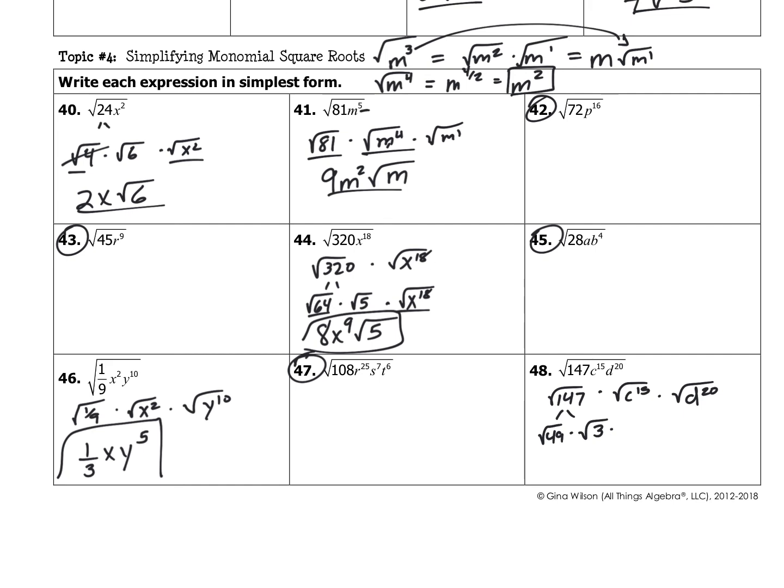And c to the 15th can be broken up into c to the 14th times c to the 1st. And then that's all times the square root of d to the 20th. 49, c to the 14th, and d to the 20th can all be square rooted. So that's 7, c to the 7th, d to the 10th. And then left over, we have the square root of 3c.